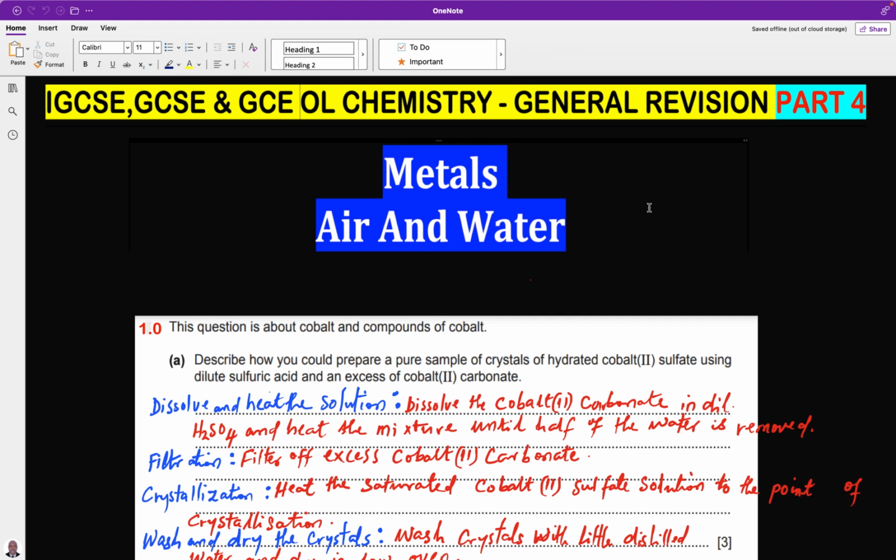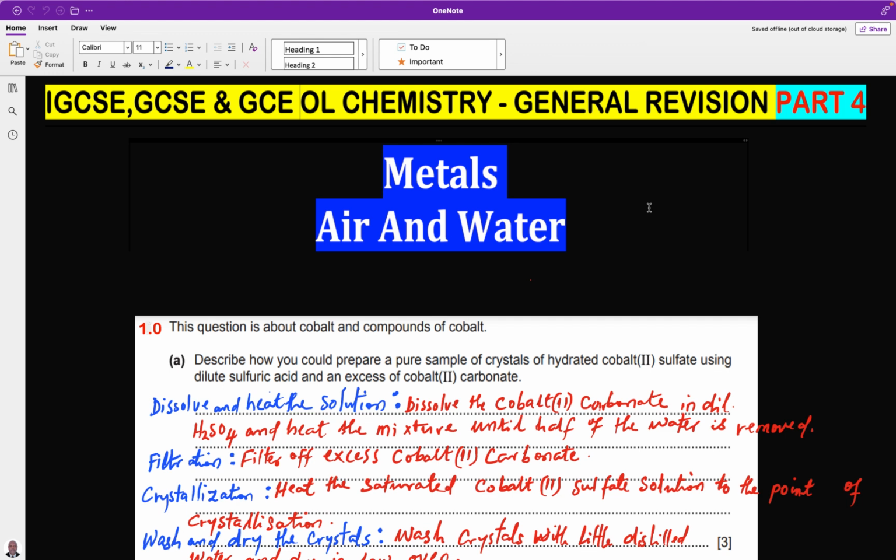Now, you should be versed on how you can prepare pure samples of a particular salt given 2 different salts, or given a salt and a dilute acid.